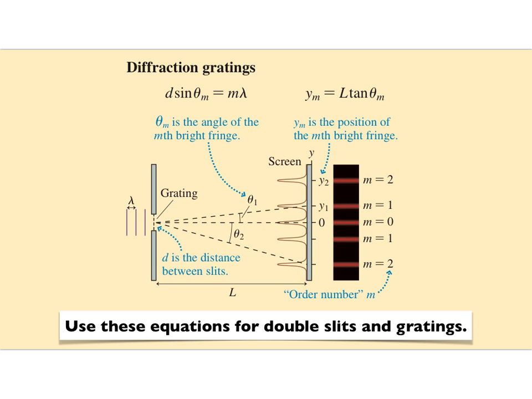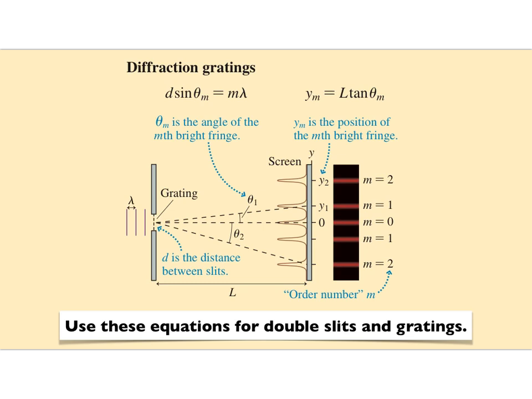I end up getting light and dark fringes. m is the index variable, so I get m equals 1, m equals 2, m equals 3, etc. I measure the distance from the central fringe by this variable I call y. Those are the way I label those variables.